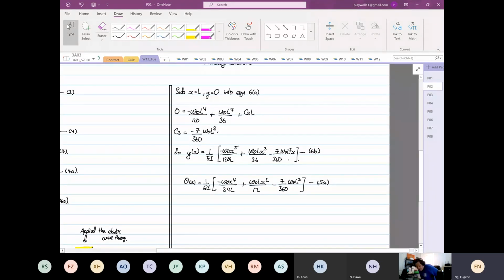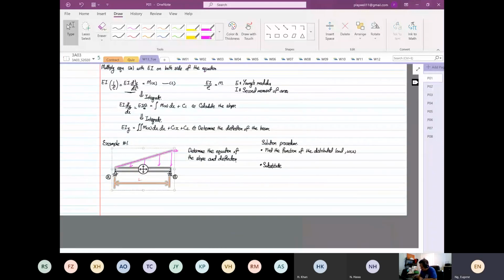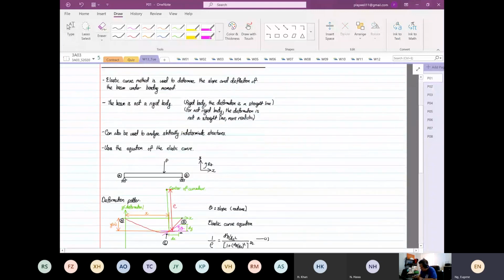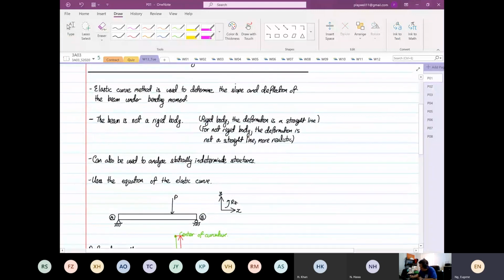So I'm going to introduce another problem. Example number 2. Before I go to the problem, we have seen the abilities of this technique to determine the slope and the deflection of the beam. The next thing we're going to look at is whether it can be used to analyze statically indeterminate structures.